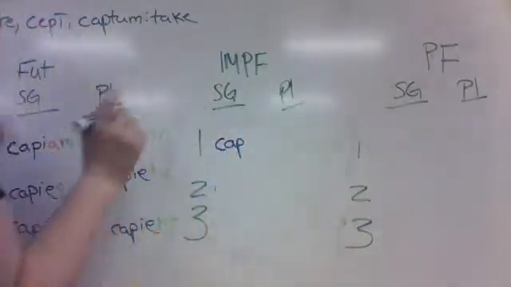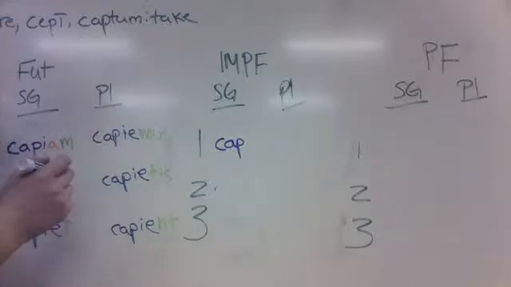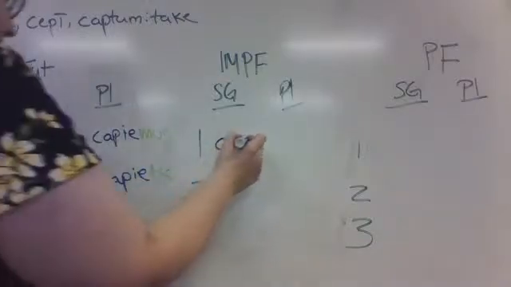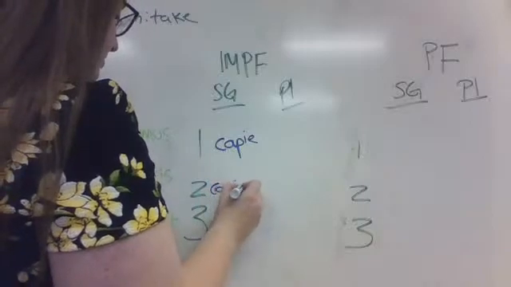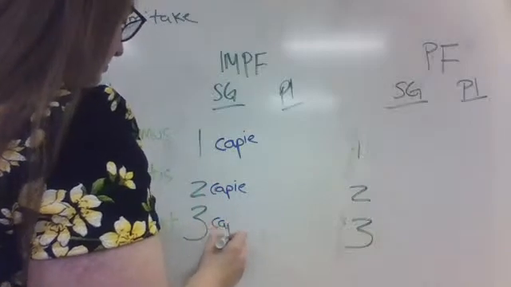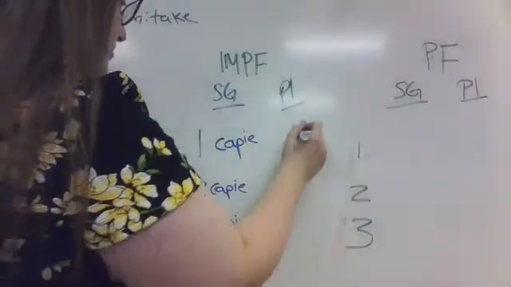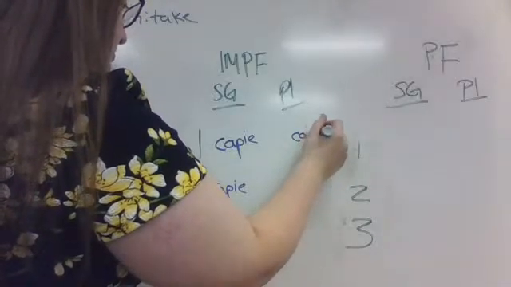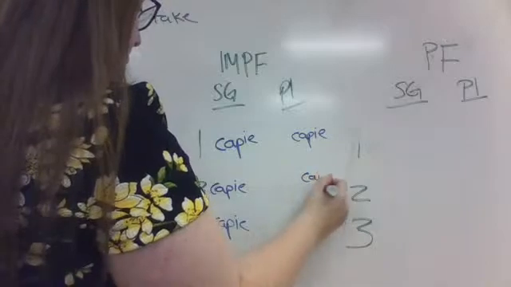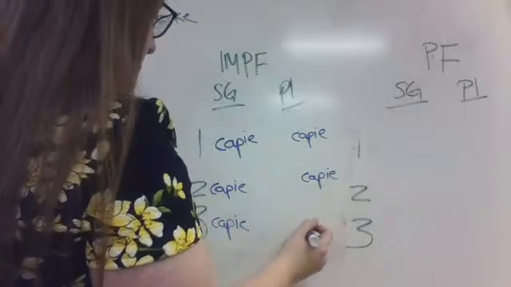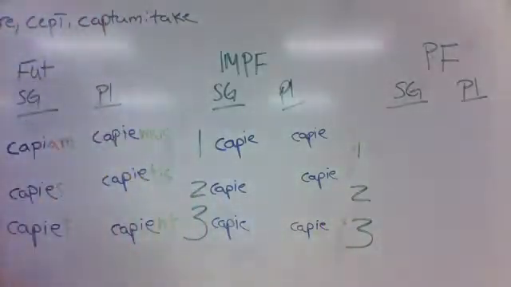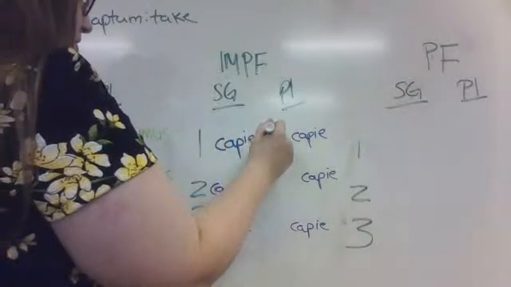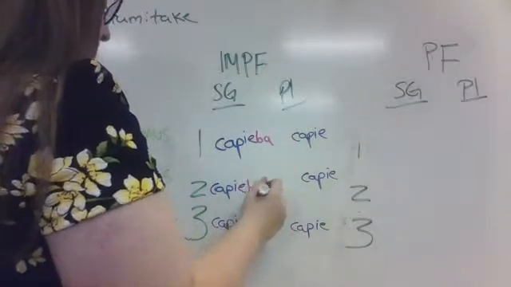But this is an IO verb, so we're going to keep the I. Then we're going to add ba to make it imperfect.